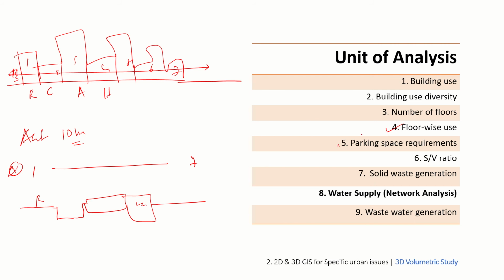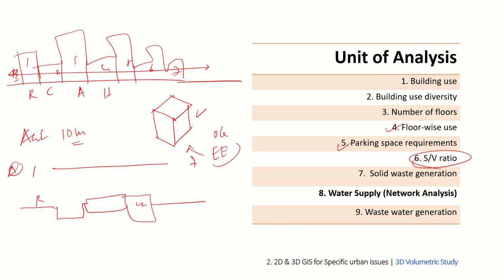Of course, we can do assessment of how much parking area is required, so on and so forth. We do some analysis on whether the surface to volume ratio of the building is okay or not okay. What do you mean by okay or not okay? There is a thumb rule for making the buildings energy efficient.